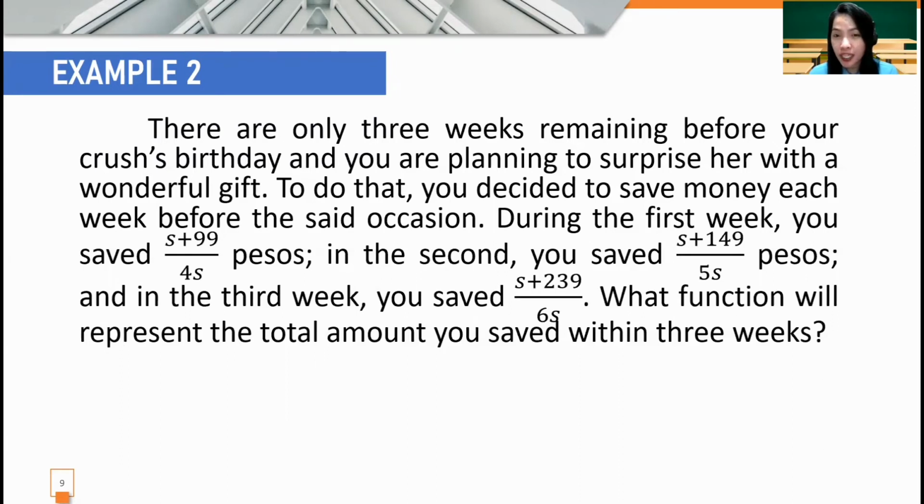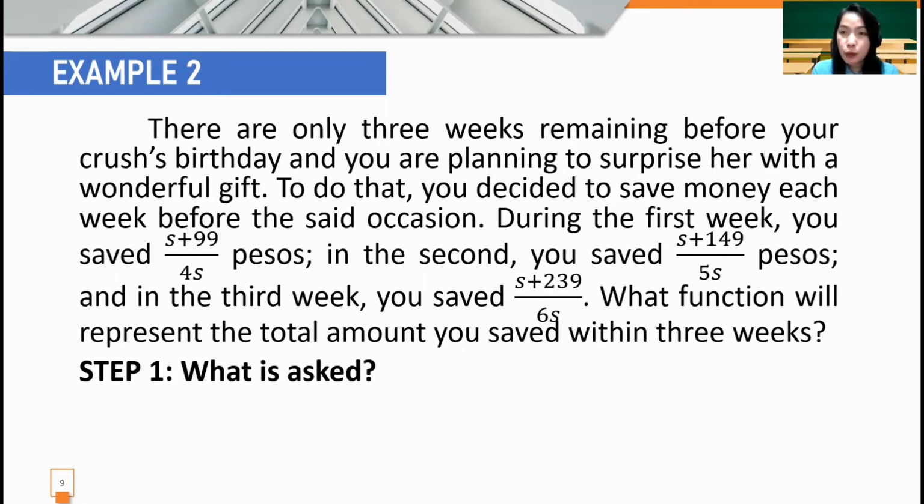In the second week, you saved (S + 149)/5S pesos. And in the third week, you saved (S + 239)/6S. The question is, what function will represent the total amount you saved within 3 weeks?